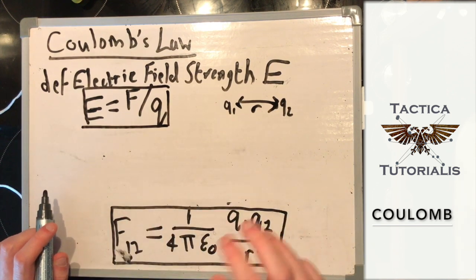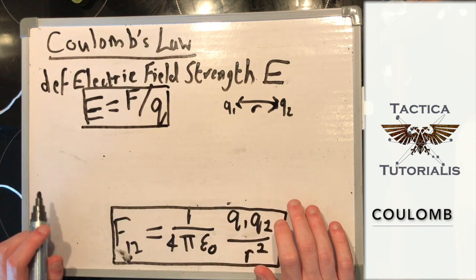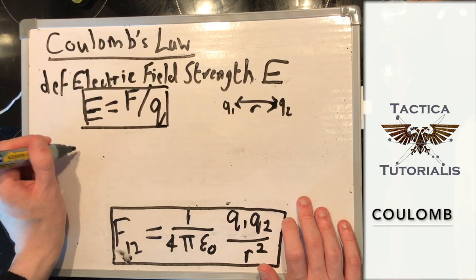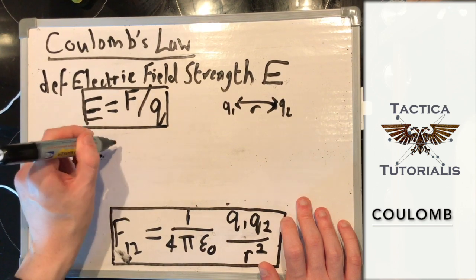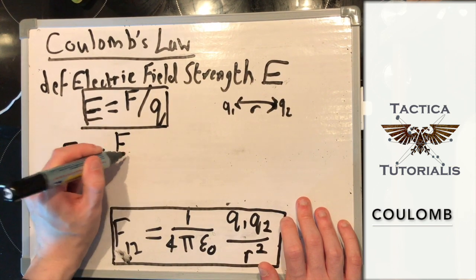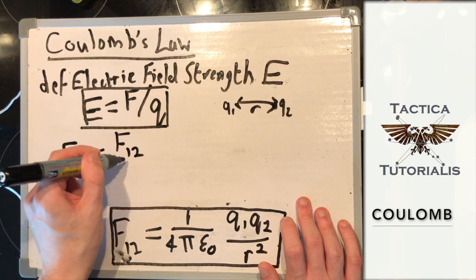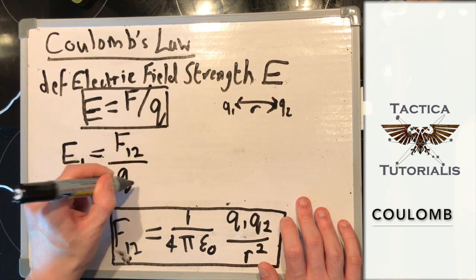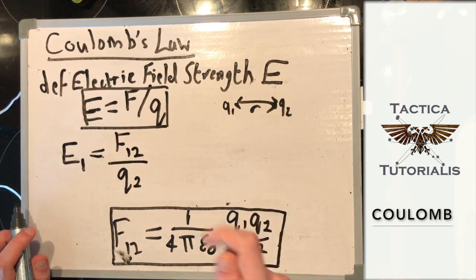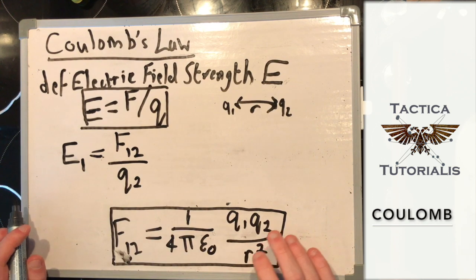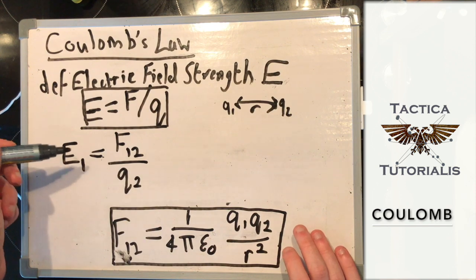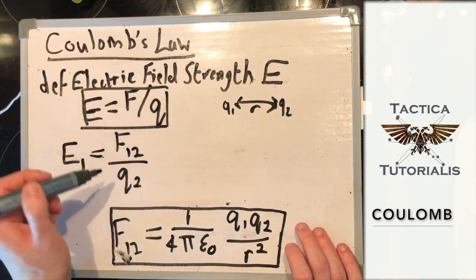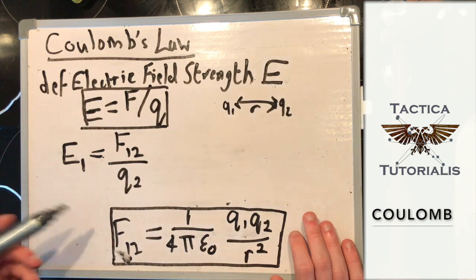To work out the electric field strength of, say, Q1, the electric field strength of 1 is equal to the force applied by 1 on 2 all over the charge being pushed. That is Q2. But you could also do this the other way around. So the electric field strength of 2 is equal to the force between them divided by Q1. You could do this both ways around.